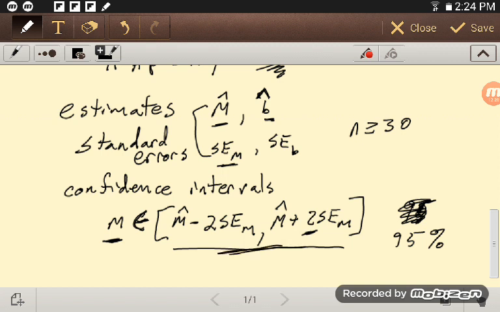If it contains 0, then I might go with the notion that, well, the slope is 0. That's kind of from a statistical standpoint, that's what it's trying to look at.